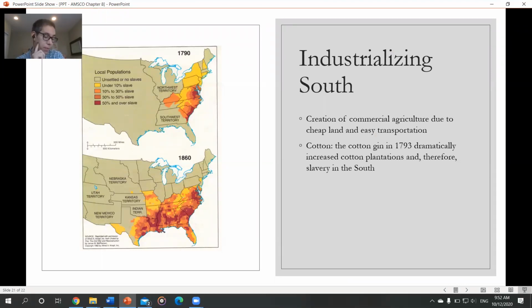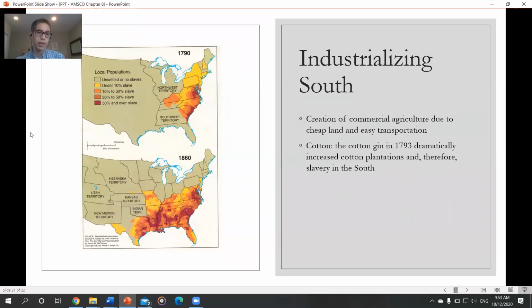Along with this massive industrialization, especially in the North, the South begins to industrialize as well. Especially with the cotton gin, what we see is commercial agriculture. Basically, the South is not just growing their crops to sustain themselves, but they're growing crops to make a lot of money.